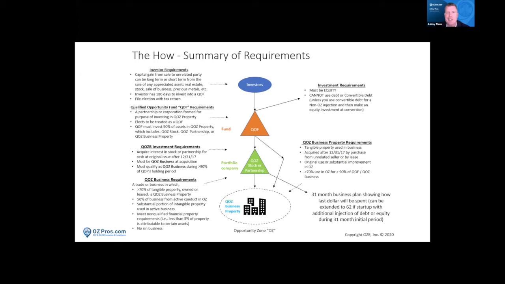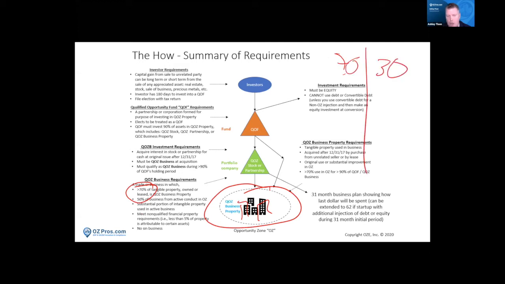Now for a business, that's a little bit different. If there's a business that's already in the zone, so they've already got property and stuff like that inside of the opportunity zone, we're going to turn to this 70-30 asset test instead. So you've effectively got this 70-30 good asset store or bad asset store up here.